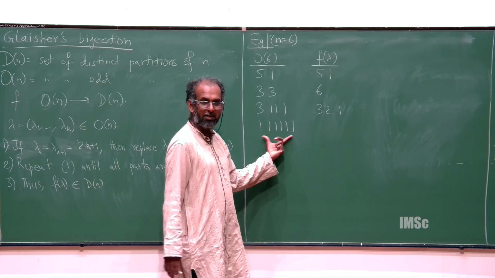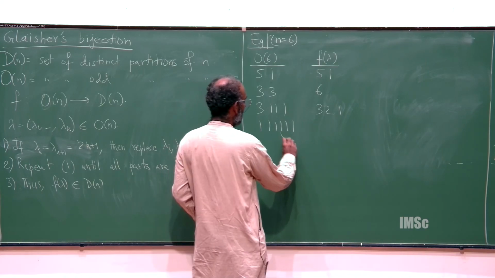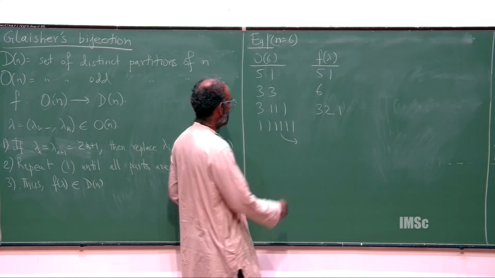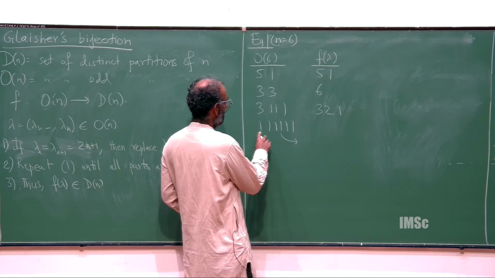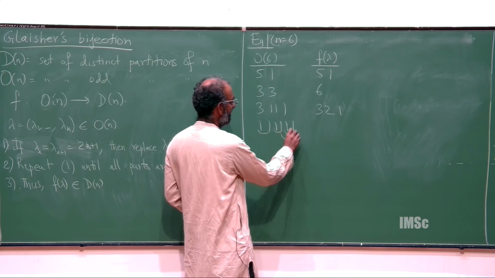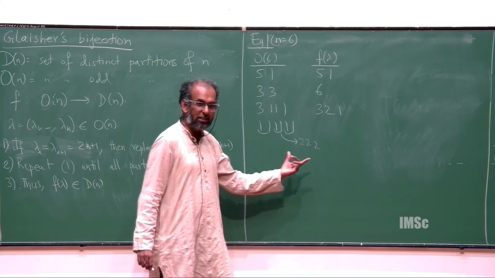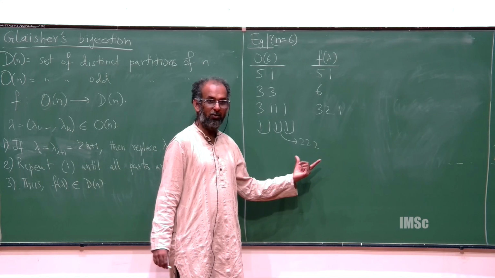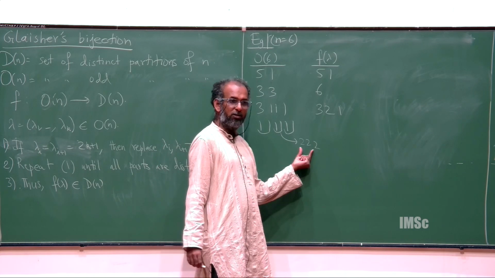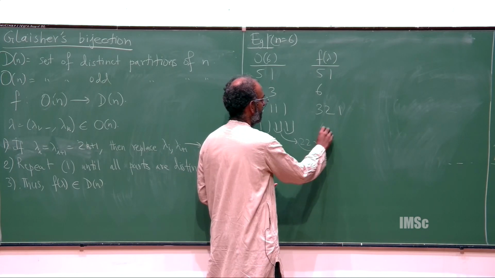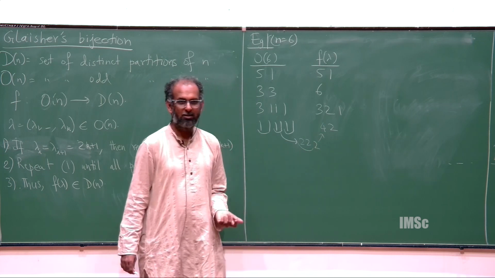Here it's a little more complicated because there is an intermediate partition. So these two I combine, and these two, and these two, so I get 2, 2, 2. But is this distinct? No. But I take 2 of the 2s and combine them and I get 4, 2, which is distinct. And these are the 4.